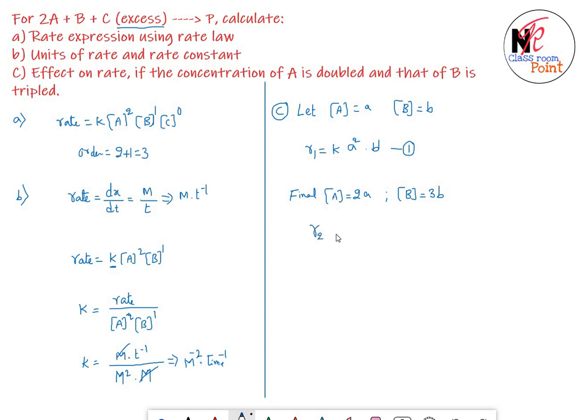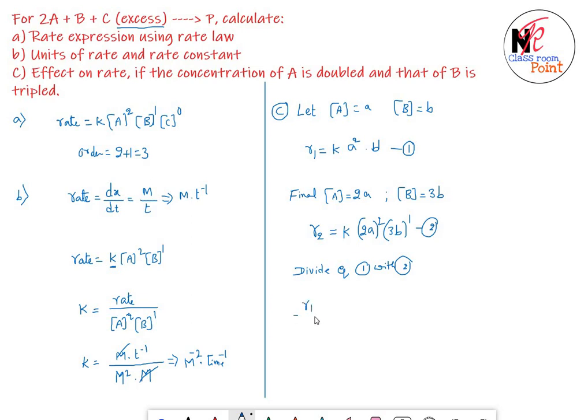That means now it is the final equation, R2 equals K into (2A) whole power 2 into (3B) whole power 1. I am not considering C, once again I am repeating. This is equation 2. Now divide equation 1 by equation 2.